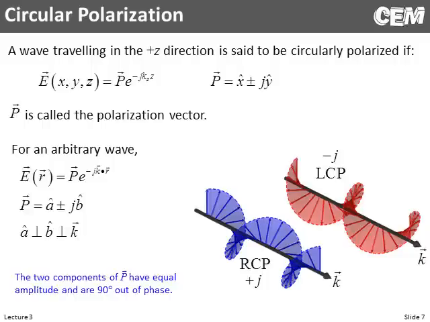The trick to circular polarization is that it has two components. They're equal in amplitude and 90 degrees out of phase. And depending whether it's positive 90 degrees or negative 90 degrees, gives you right or left-hand circular. But they're 90 degrees out of phase. Everybody good with that? Okay.